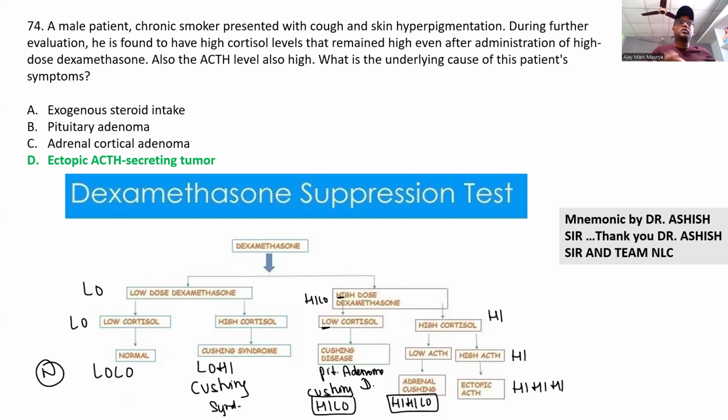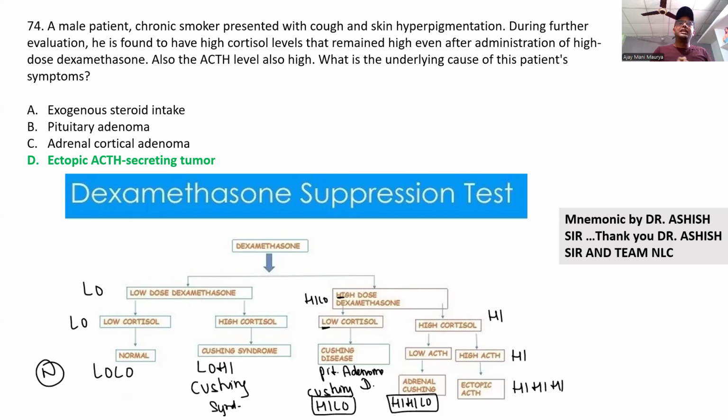First of all, the low dose dexamethasone. If you give the low dose, by morning it must be low. Then it is normal.